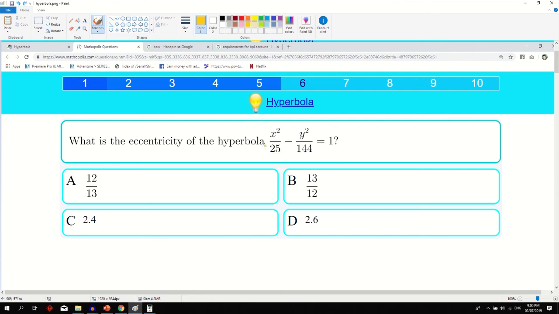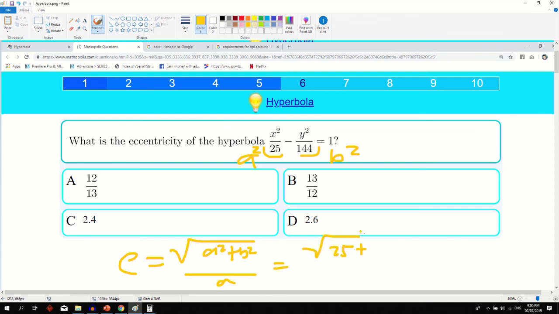Eccentricity. Okay, so we have this one as A and this one as B, so A square and B square. The eccentricity is the square root of A square plus B square, over A. So we have the square root of 25 plus 144, over 5.